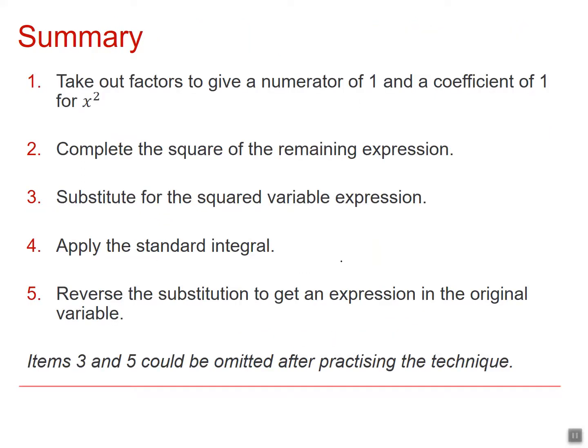So in summary then, we take out the factors to give a numerator of 1 and a coefficient of 1 for x squared, and if you remember, we took out a 5 from the top line and a 2 from the bottom line. We then complete the square of the remaining expression, and our completing the square actually gave us x plus a half squared minus a quarter.